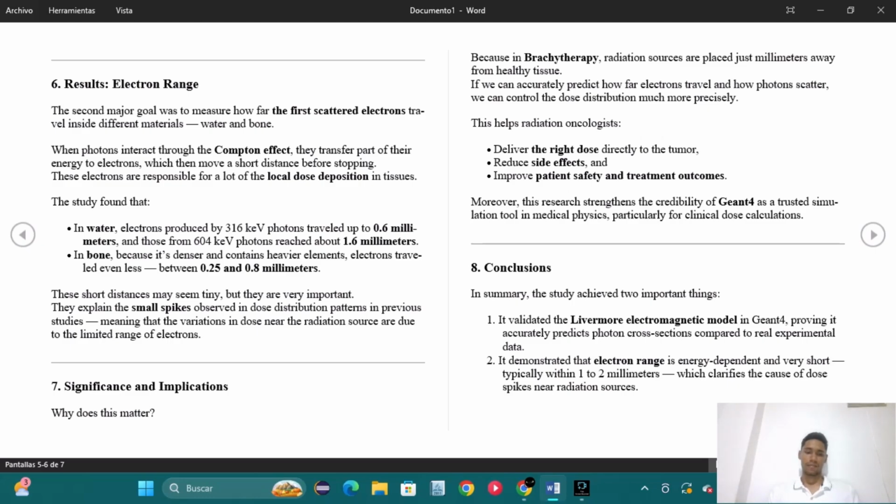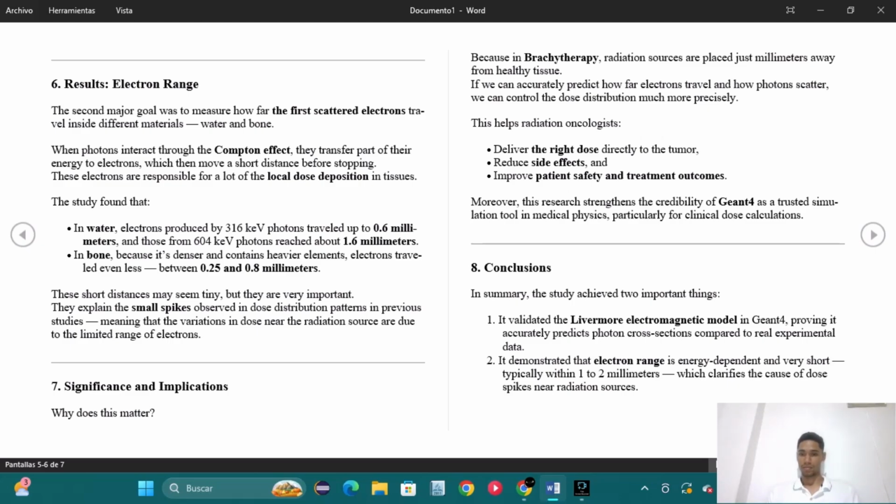Significance and implications. Why does it matter? Because in brachytherapy, radiation sources are placed within millimeters of healthy tissue. If we can accurately predict how far electrons travel and how photons scatter, we can control the dose distribution more precisely.